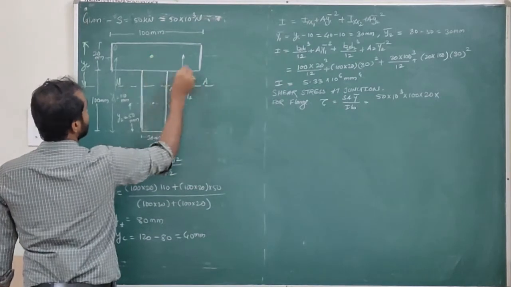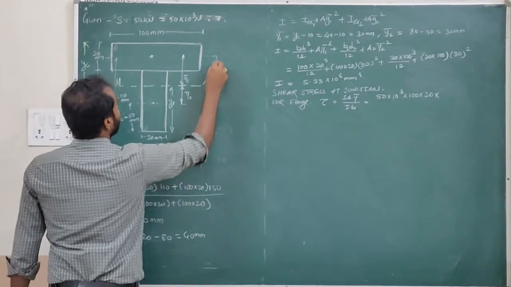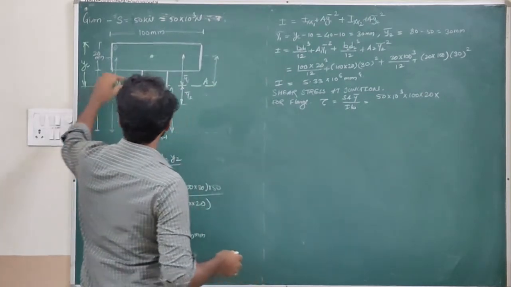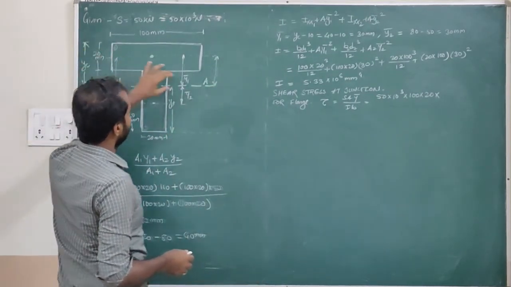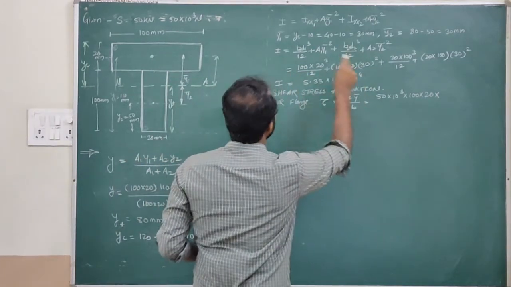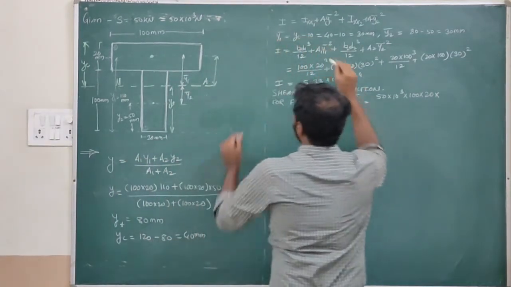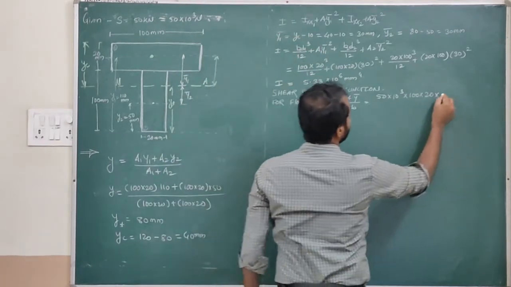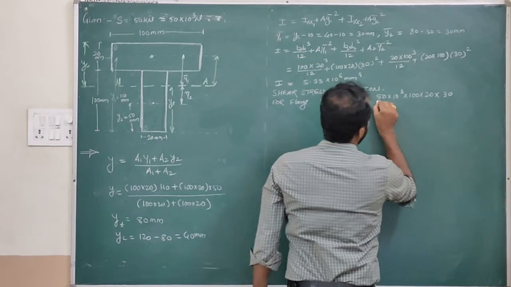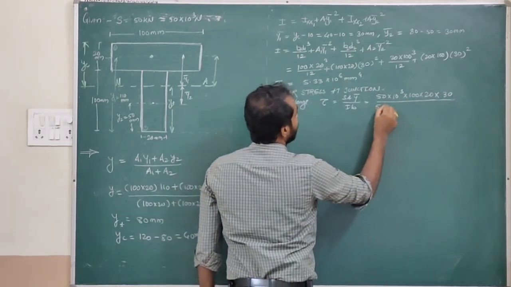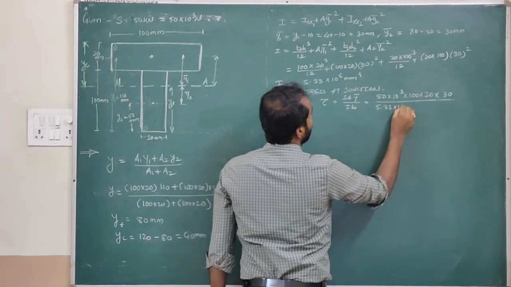This distance becomes the y bar, and we have this value as 30, because this distance is nothing but y1 bar, so it is 30. So into 30, divided by moment of inertia 5.33 into 10 raised to power 6.